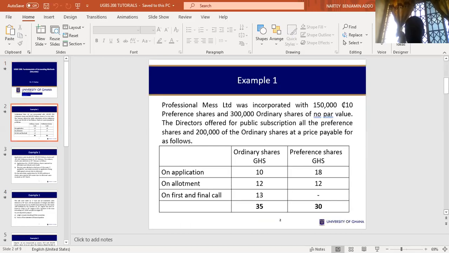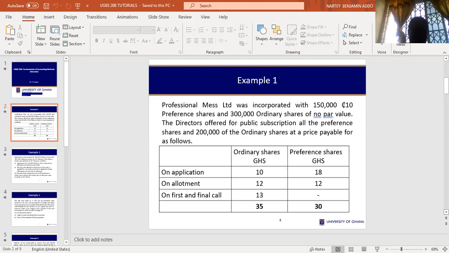The first question says Professional Mess Limited was incorporated with 150,000 10 cedis preference shares and 300,000 ordinary shares of no par value. The directors offered for public subscription all the preference shares and 200,000 of the ordinary shares at a price payable as follows: 10 cedis on application for ordinary shares and 18 cedis on application for preference shares. On allotment, 12 cedis for both shares.